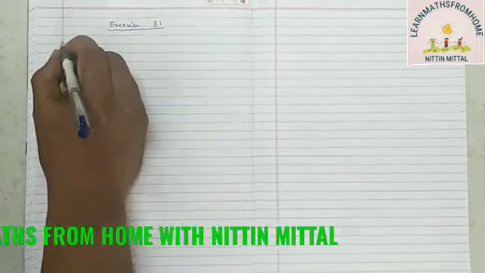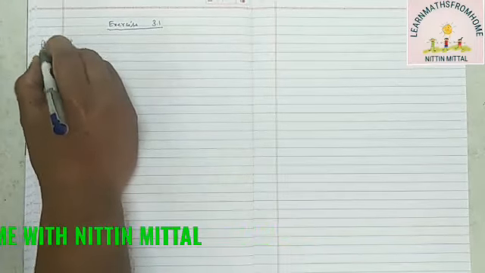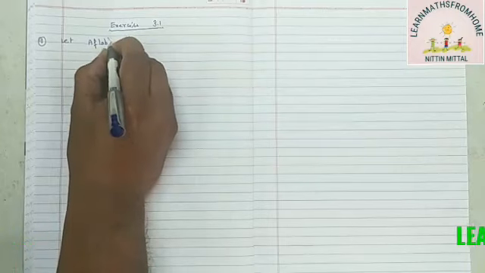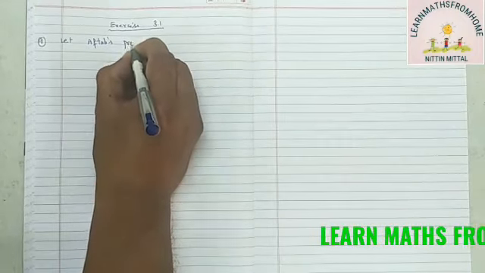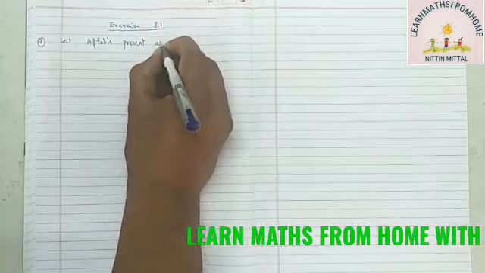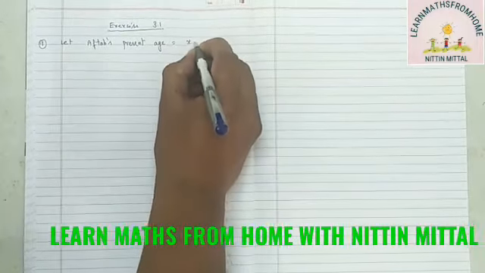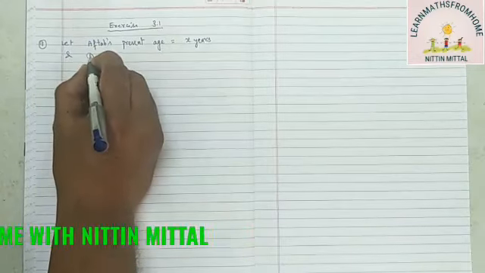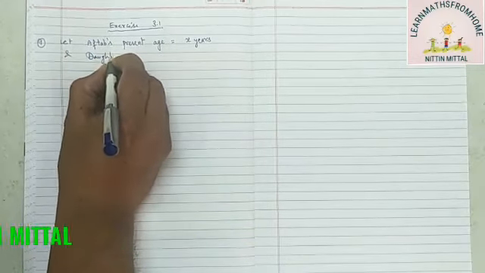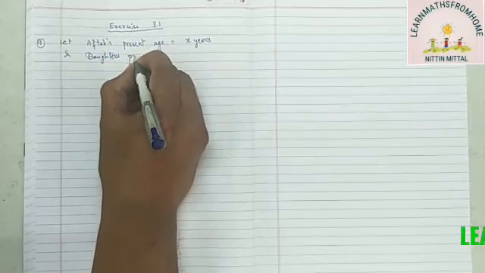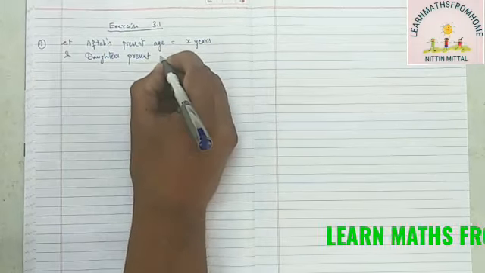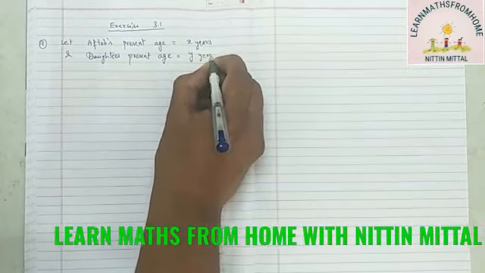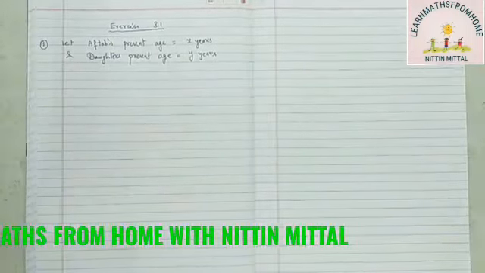So let Aftab's present age be x years and daughter's present age be y years. Right?